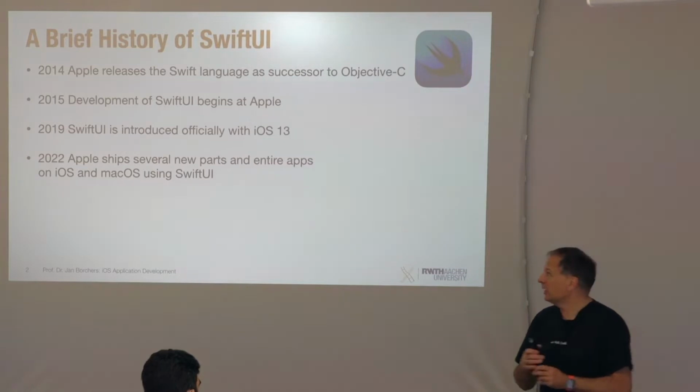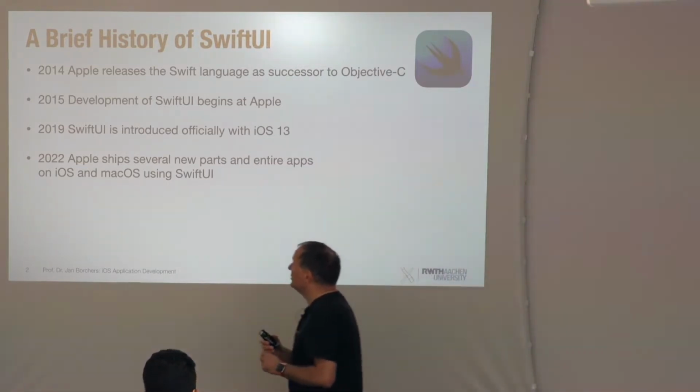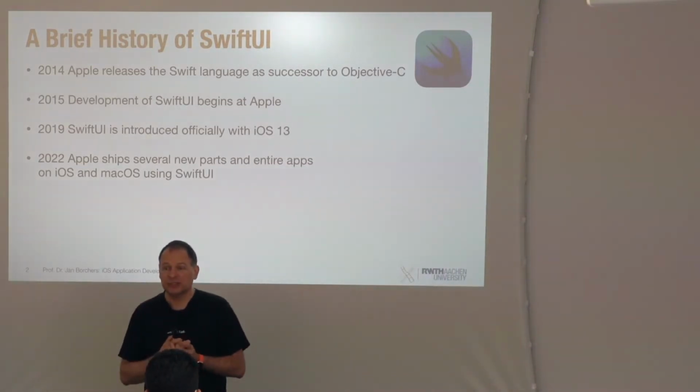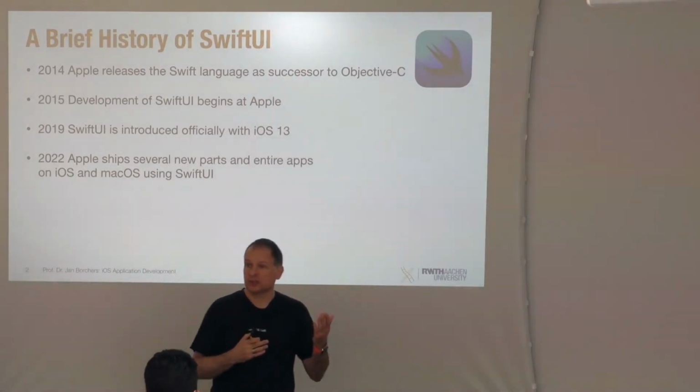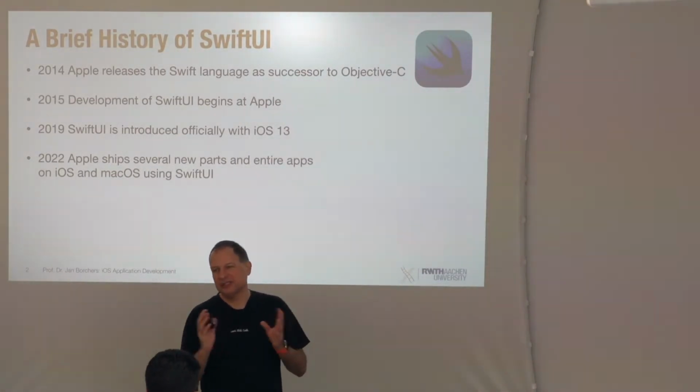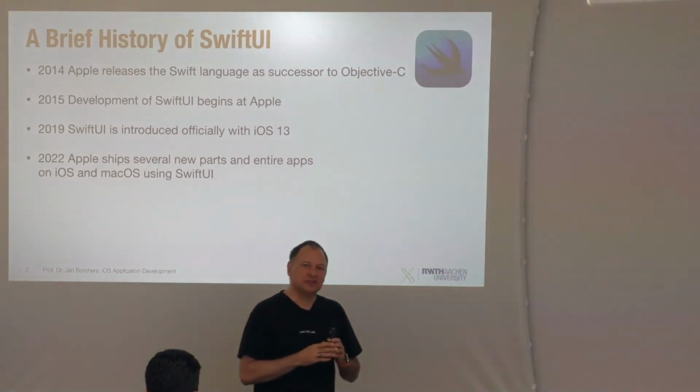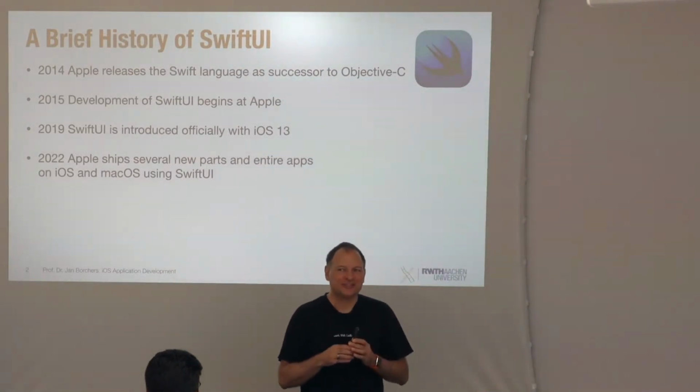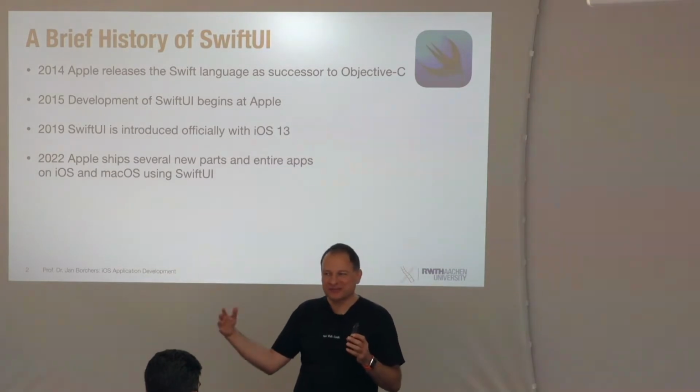And so meanwhile, development of SwiftUI started at Apple just 1 year after the first version of Swift came out. And if you've been following Apple in recent years, you know that the first version of Swift wasn't exactly the version that was meant to stay, right?